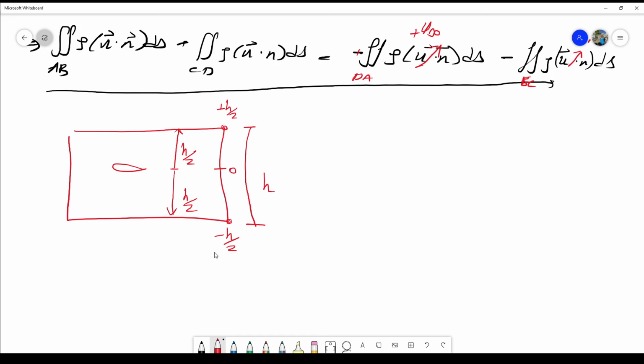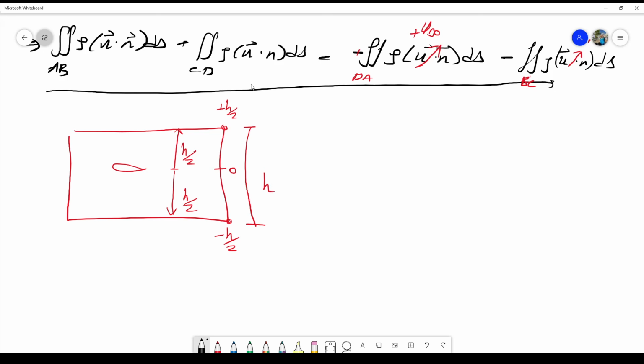In that particular case, we can write our equation that we obtained from the momentum equations, and we substitute the continuity equations for the surfaces AB and CD into the momentum equation that we generated just now.